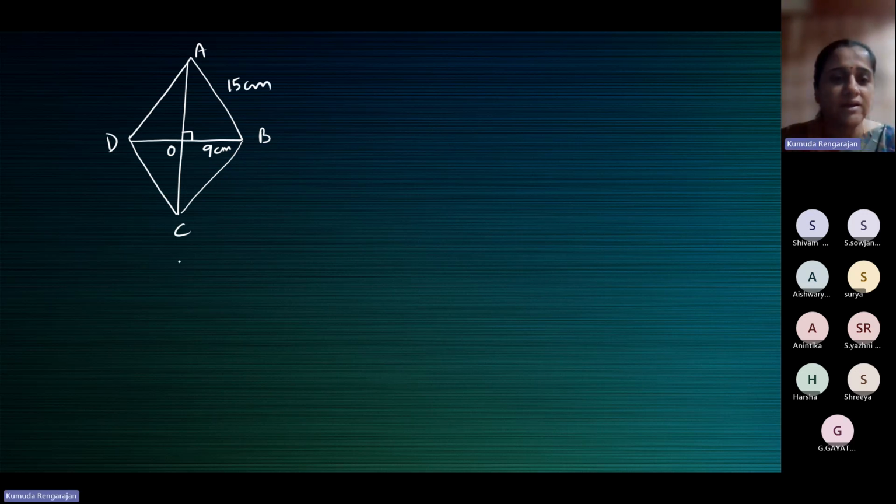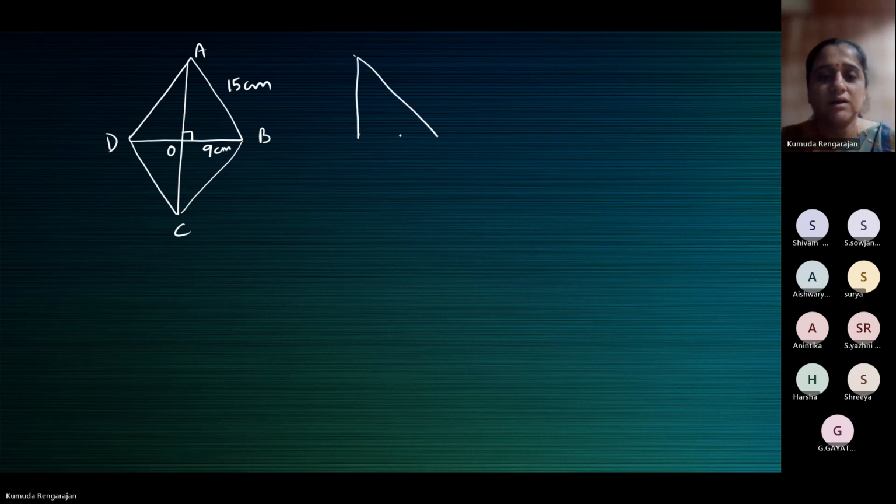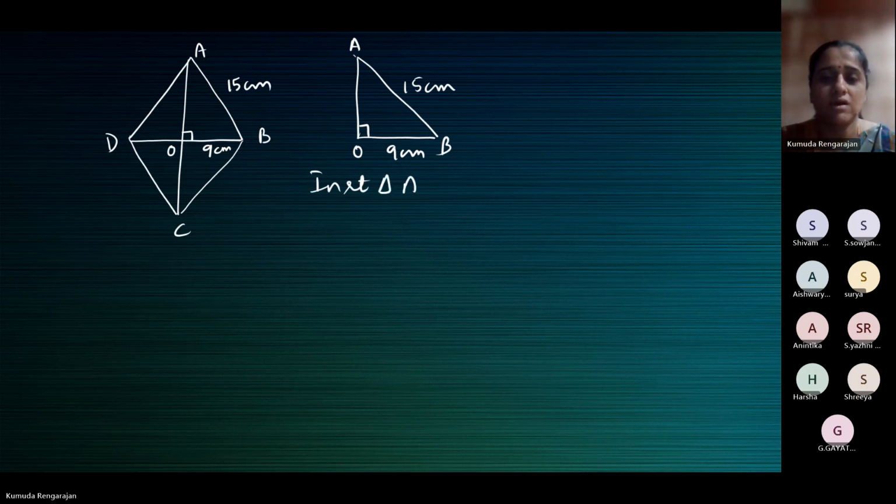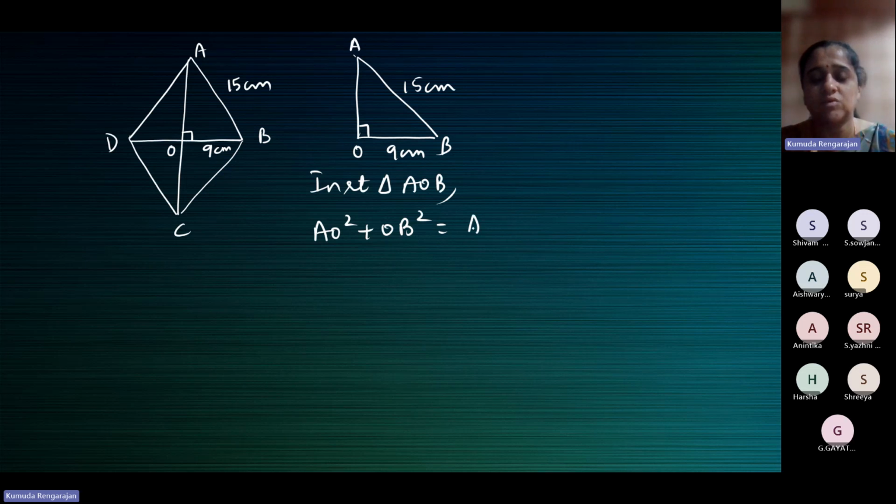So in the right triangle AOB, this is 9, this is 15. By the Pythagoras theorem, AO square plus OB square is equal to the square on the hypotenuse, AB square.